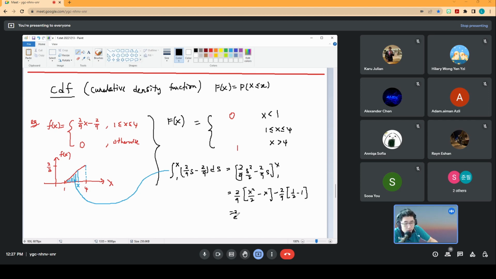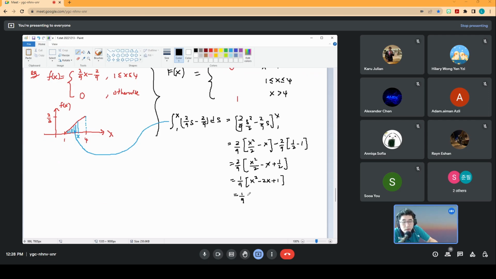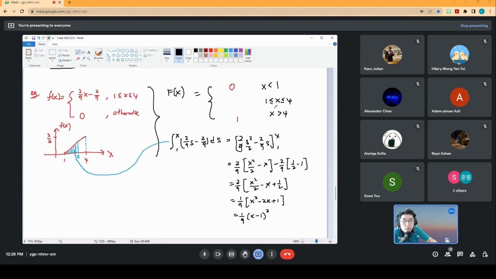So 2 over 9 of x squared over 2 minus x, this is a minus half to plus half. So I substitute it inside: 1 over 9 of x squared minus 2x plus 1. Or in a nicer form, 1 over 9 of x minus 1 squared.